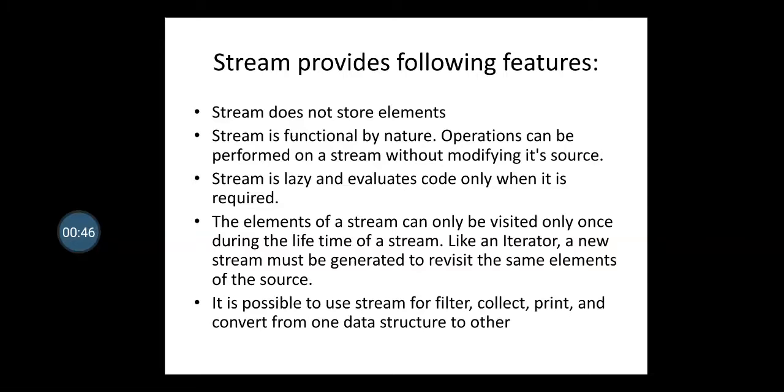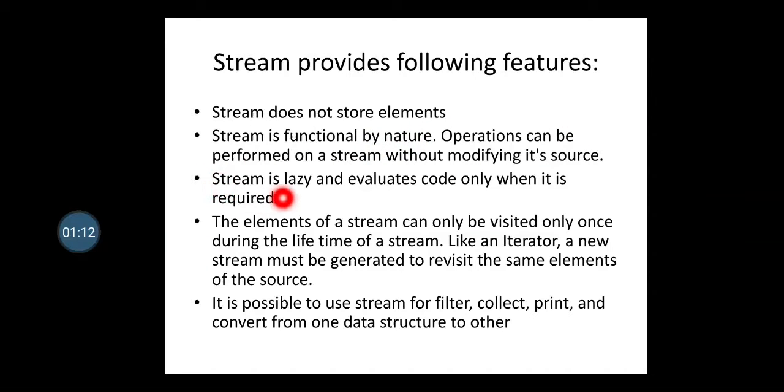The features of Java 8 stream are: it does not store any elements, and it is functional by nature, so that we can perform any operation on the stream without modifying its original source.